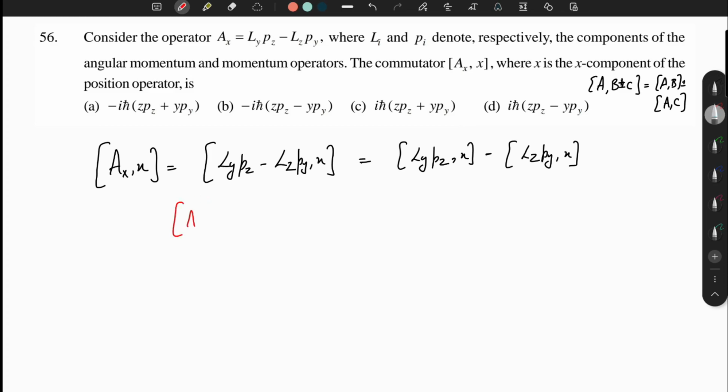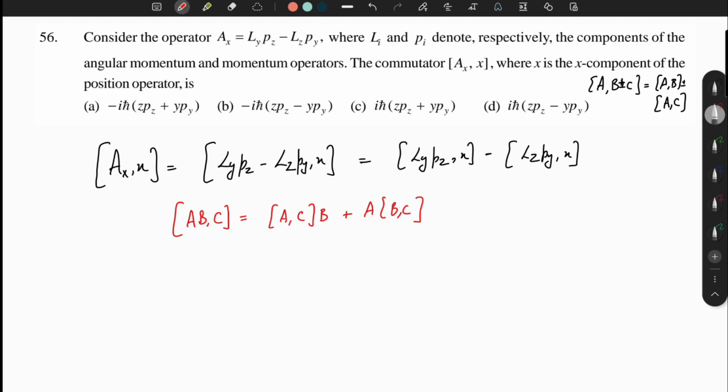Okay, now we can use this property of commutator algebra, commutator of AB comma C. So these are operators. Commutator of AB comma C is equal to commutator of A comma C into B plus A into commutator of B comma C. So we will use this property.